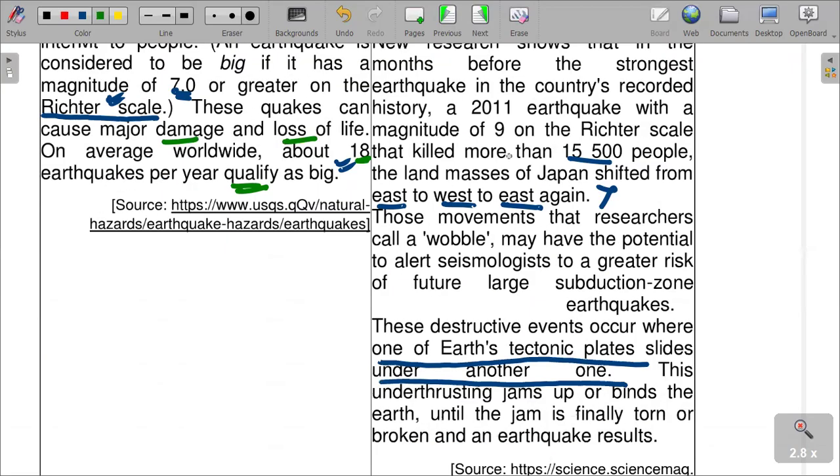Those movements that researchers call wobble may have potential to alert seismologists to a greater risk of future larger subduction earthquakes.